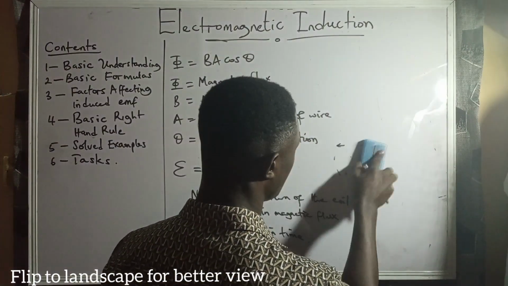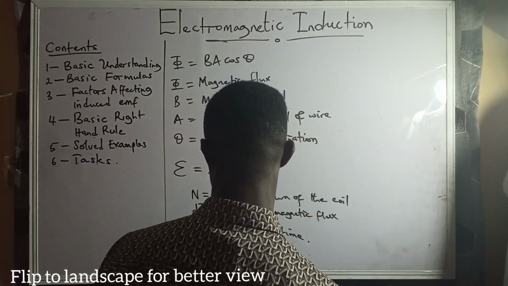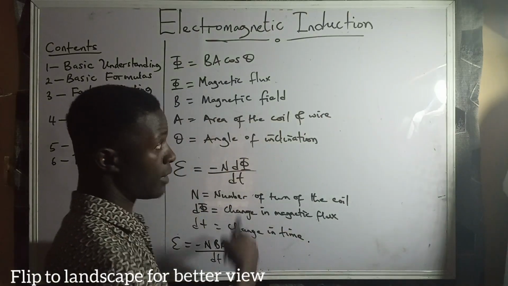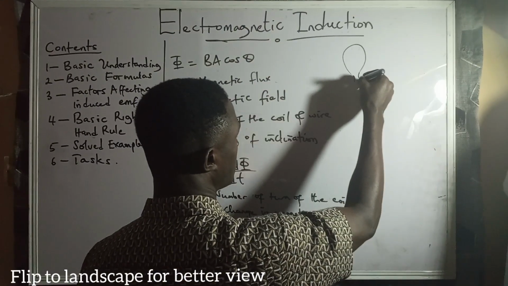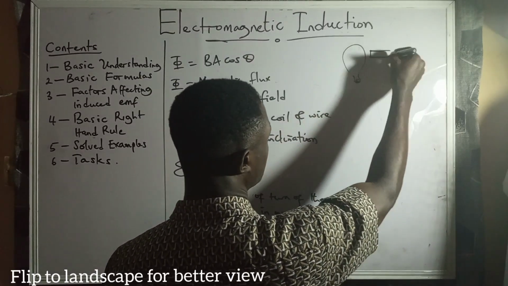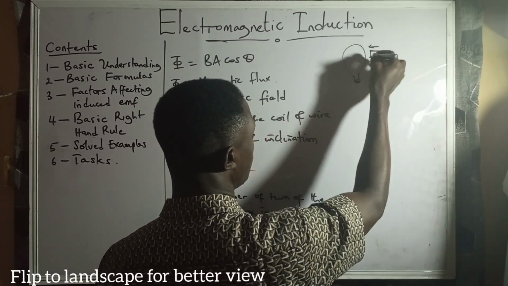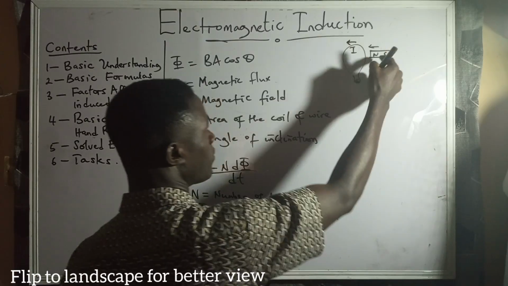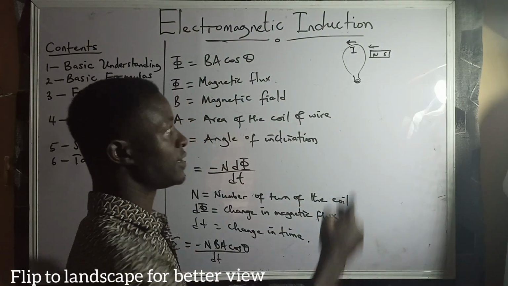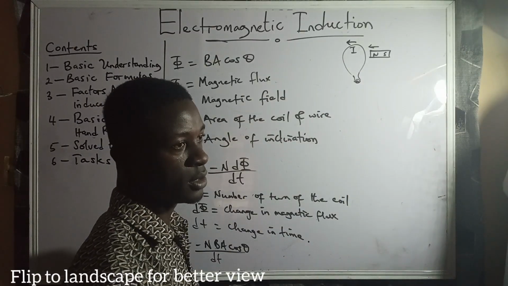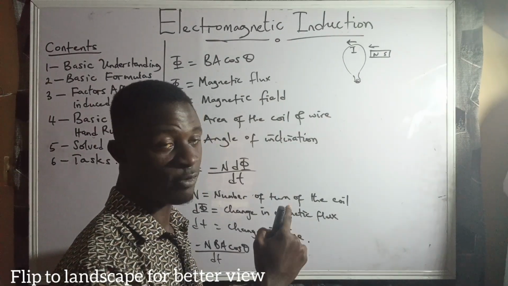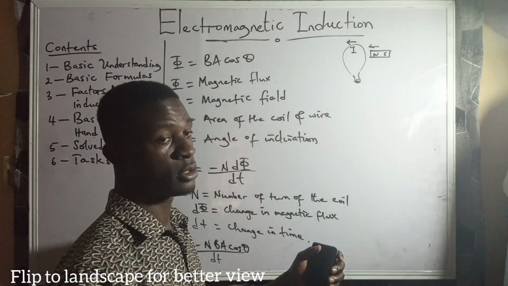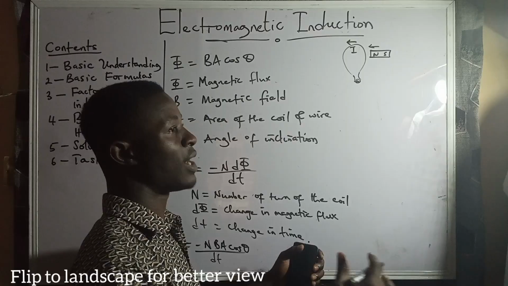So that is that. Then I also want to explain this before I leave this side. This is your meter, this is your bar magnet. If you move this bar magnet fast towards the coil of wire, the induced EMF or the induced current will be much compared to when you are moving it slowly.